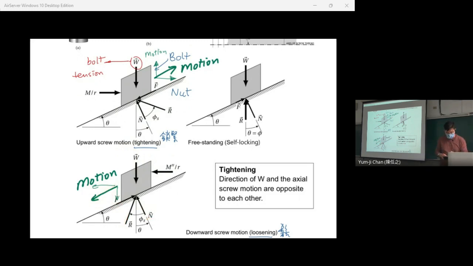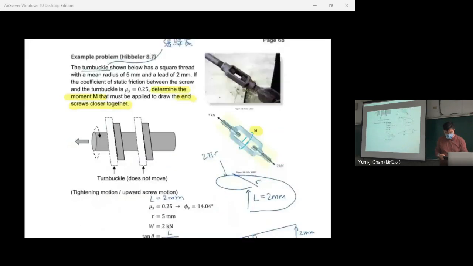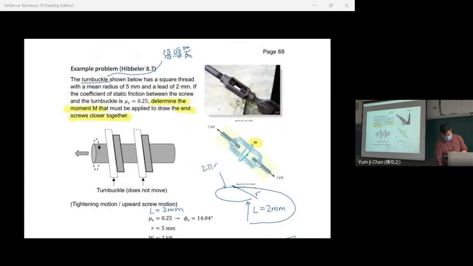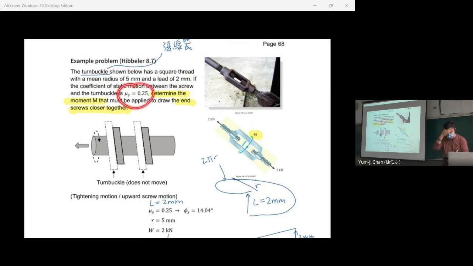We work on the problem of our turnbuckle. A turnbuckle that has square thread and radius R of 5 mm and lead of 2 mm, and we know mu S is equal to 0.25.